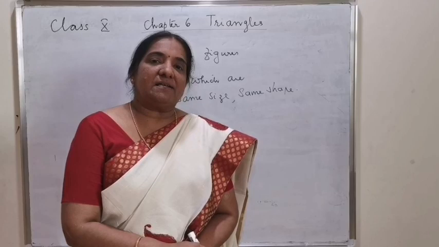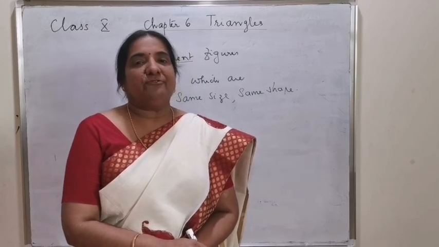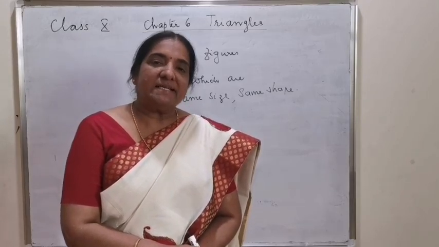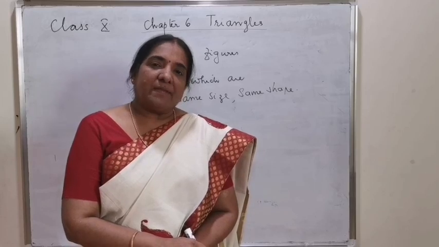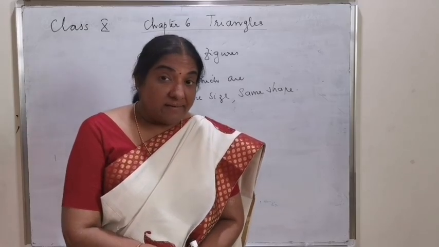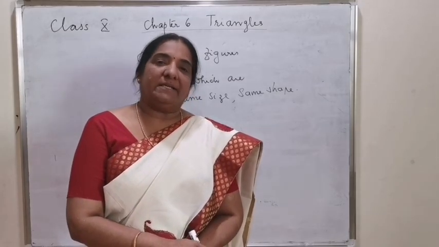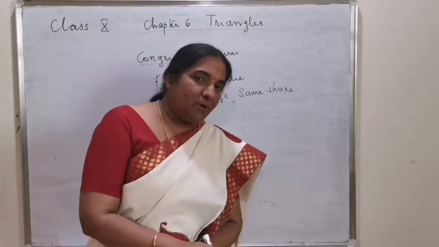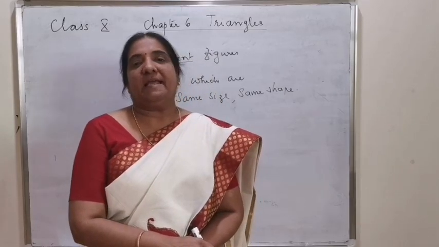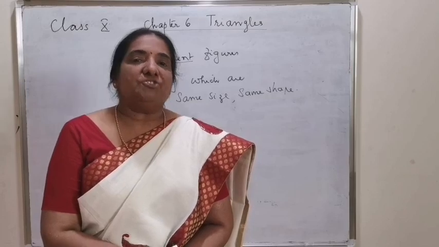2 triangles are said to be congruent if all sides and all angles of one triangle are equal to the corresponding sides and corresponding angles of another triangle.